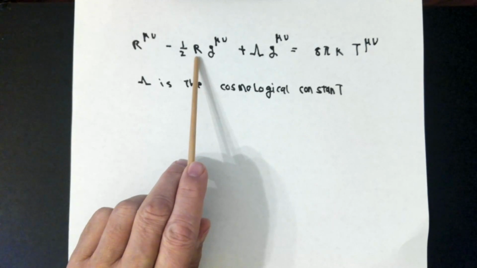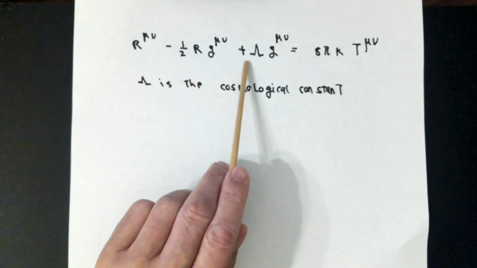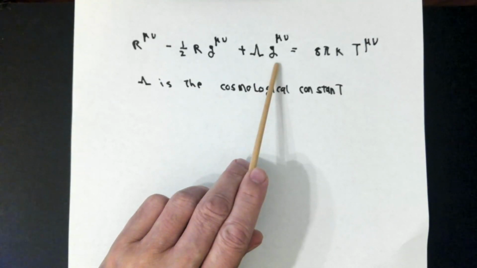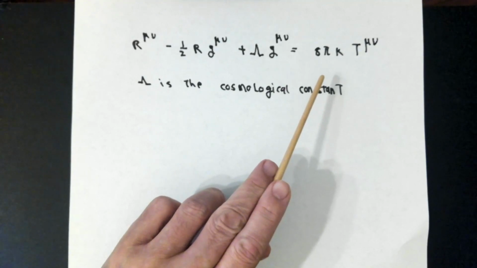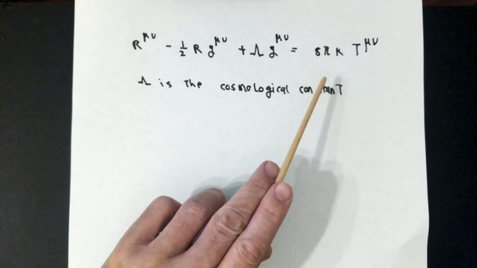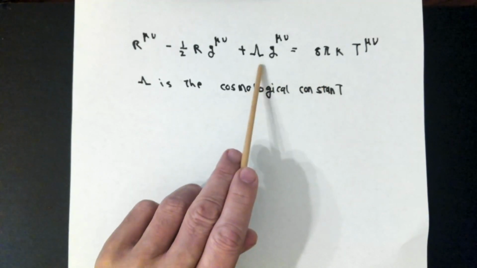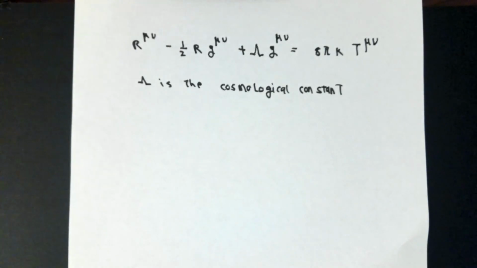It can vary from point to point in the space-time, plus an actual constant times g mu nu equals 8 pi Newton's constant times components of the stress energy tensor. This extra constant, capital lambda, is called the cosmological constant. When people speak of the field equations of general relativity, they're speaking of this equation.